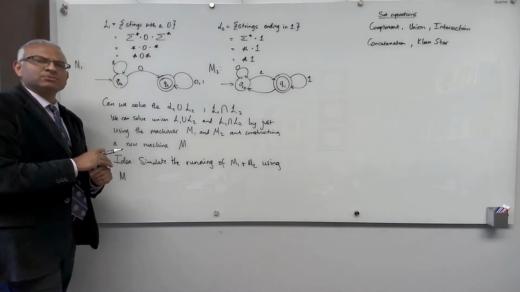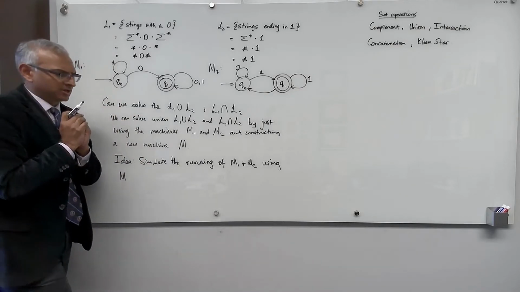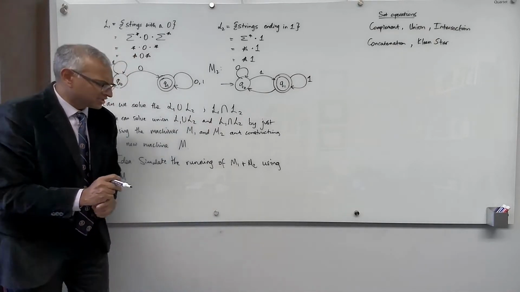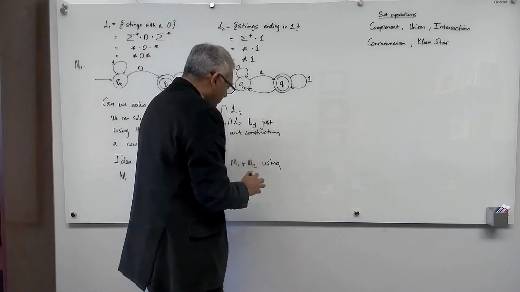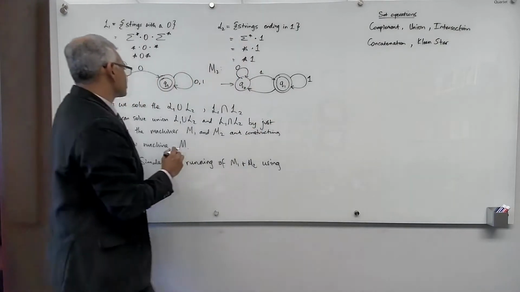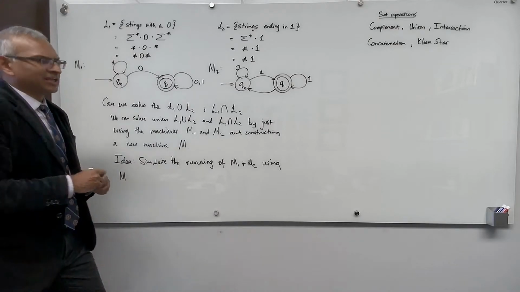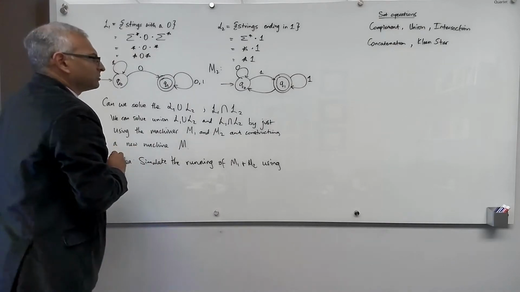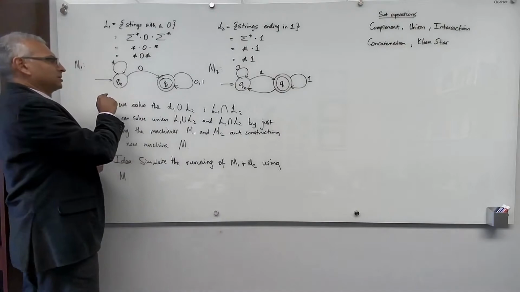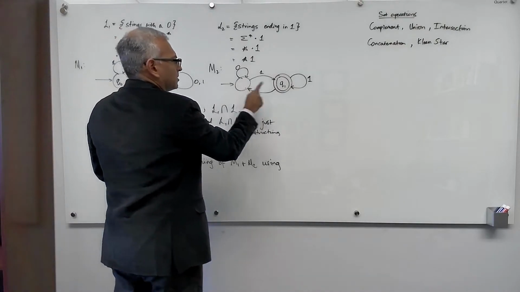I must certainly be able to simulate the start configuration. If I'm starting on a string, where does M1 start? Now I'm going to be a little more careful. I can label the states any way I want, so let me label these states S0 and S1.